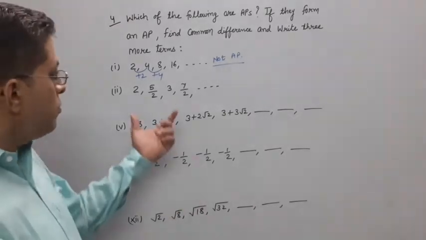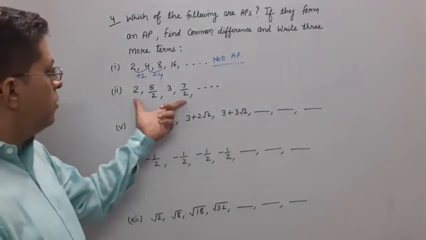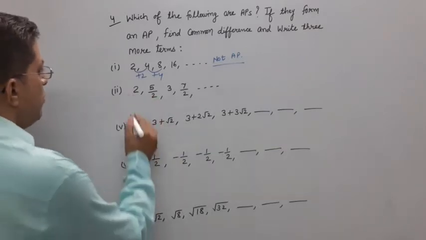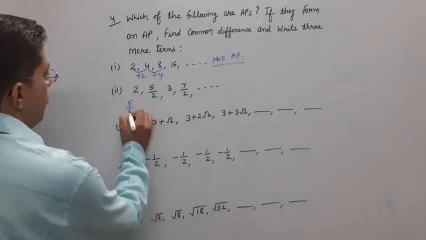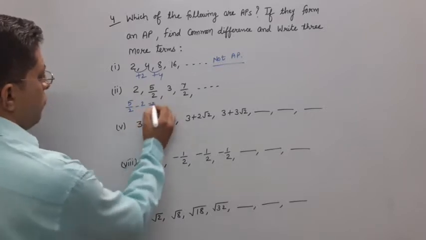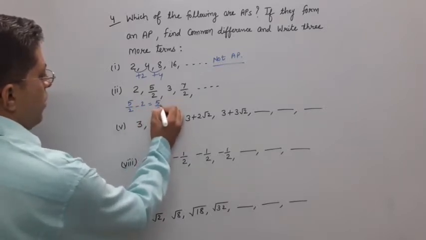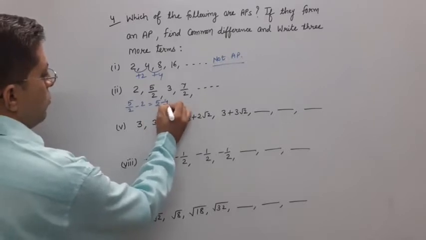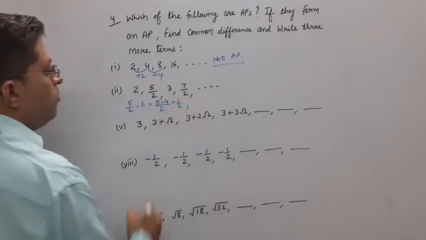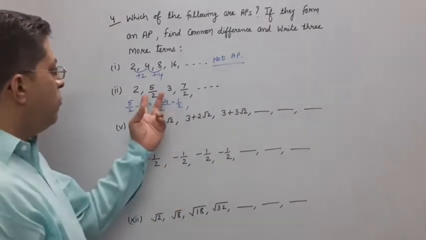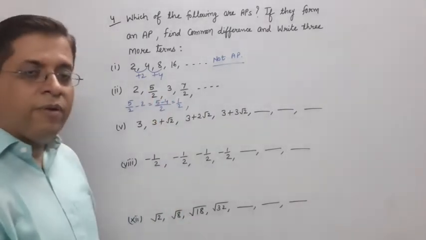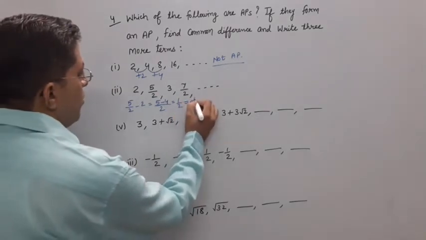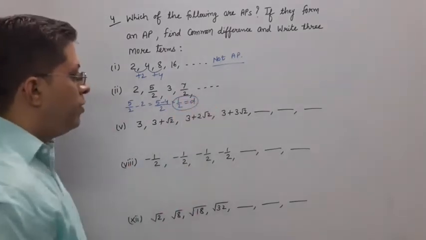Okay. Let me see the common difference. This is D, 5 by 2 minus 2. So what we can say, if 2 is LCM, this is 1 by 2. If you take this, again you will get 1 by 2. So what is the common difference? D will come 1 by 2.